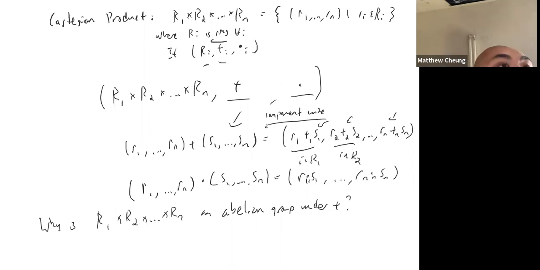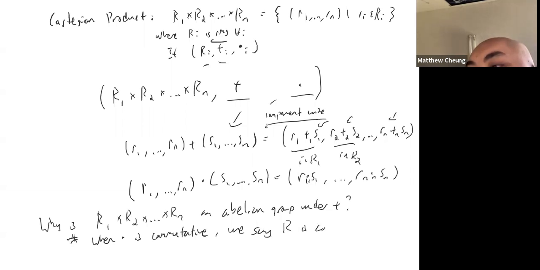Let's move on. Is the product ring commutative? Because it might not be. From how we define a ring, we say R is a commutative ring if multiplication is commutative.